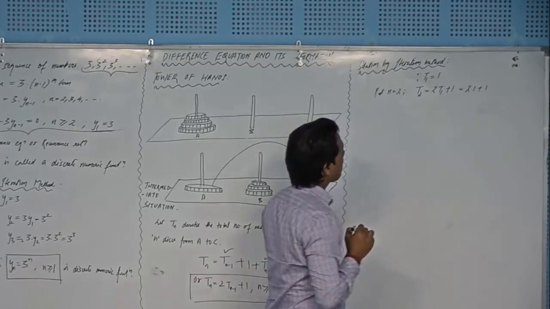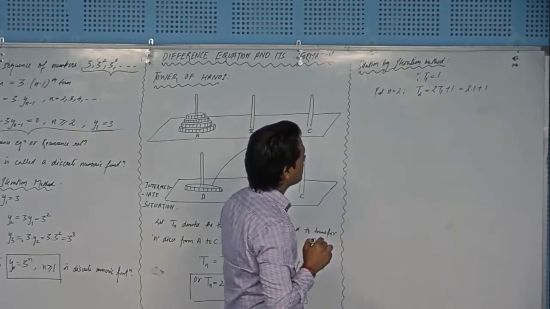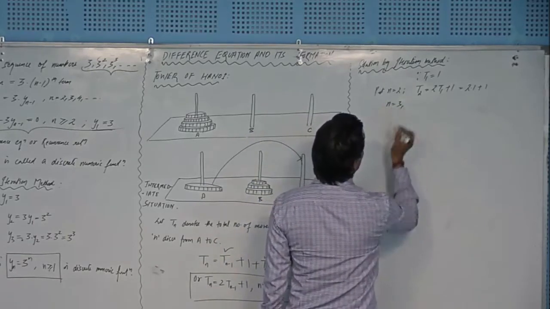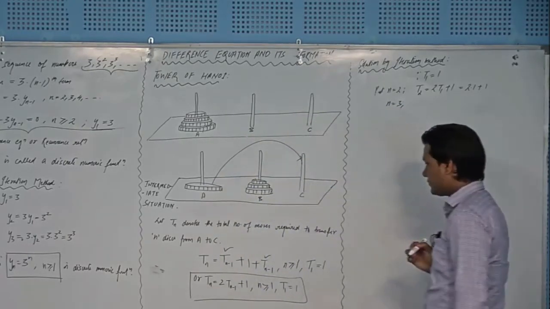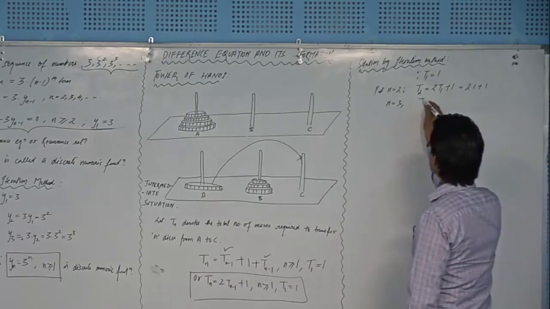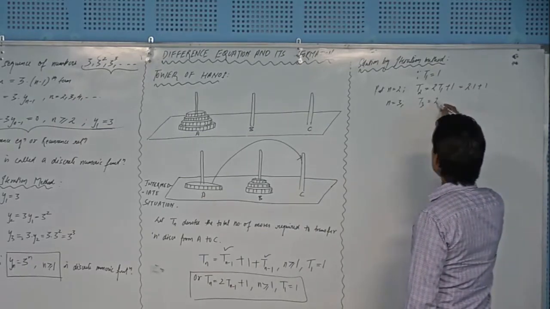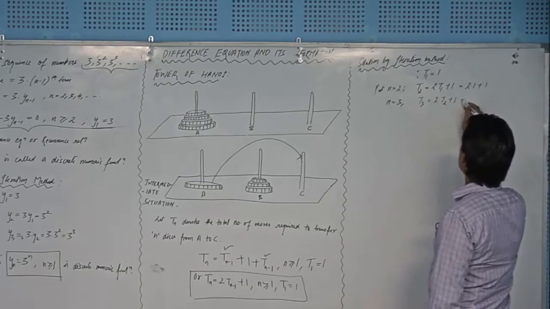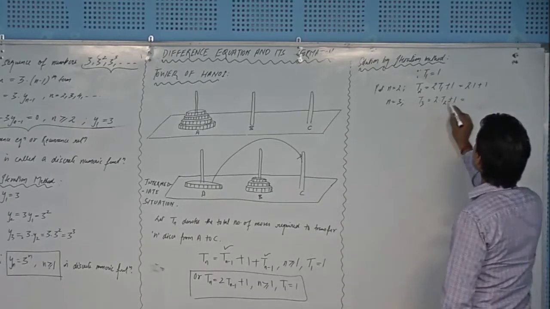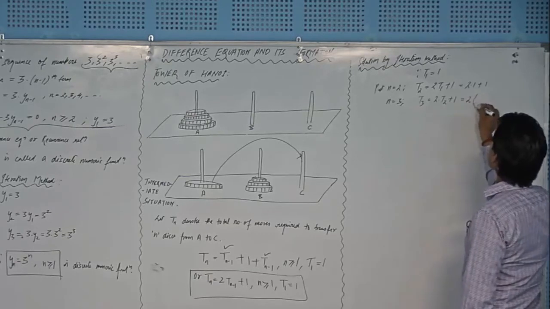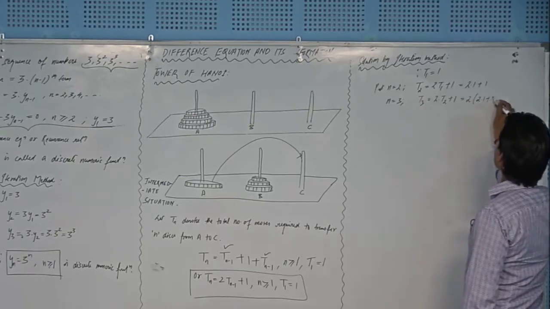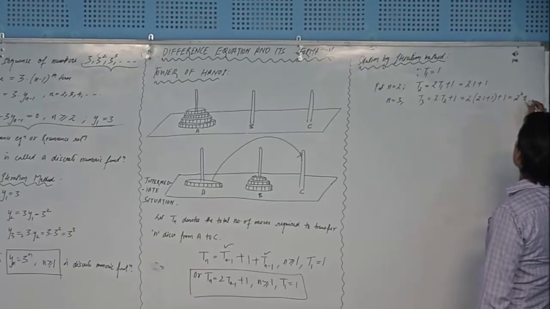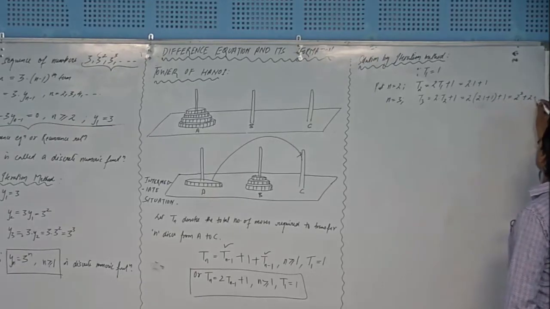And if I put n equal to 3, you will have T3 equal to 2 times T2 plus 1, and that will give you 2 times (2 times 1 plus 1) plus 1, and that will produce 2 squared plus 2 plus 1, right?